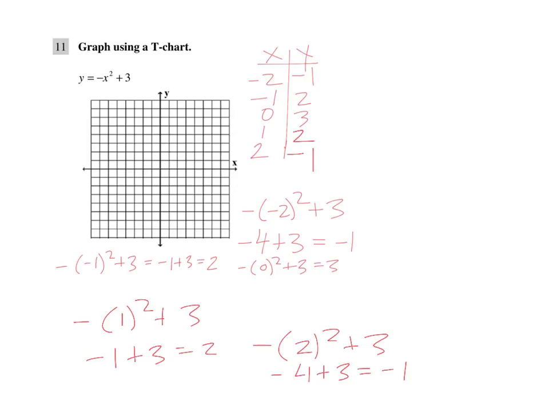All right, plotting my points: negative 2, down 1; negative 1, up 2; then I have 0, 3; then I have 1, 2; then I have 2, negative 1. Alrighty, done with that.